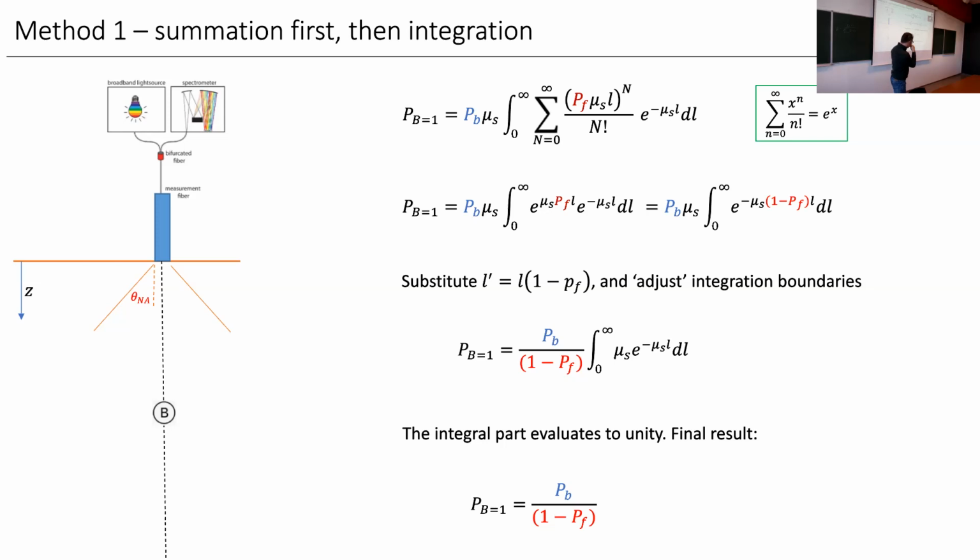What's the biggest surprise in this equation? Yes, there's no scattering coefficient anymore. It has to do with the fact that this medium is semi-infinite, so ultimately all the photons have to escape again.